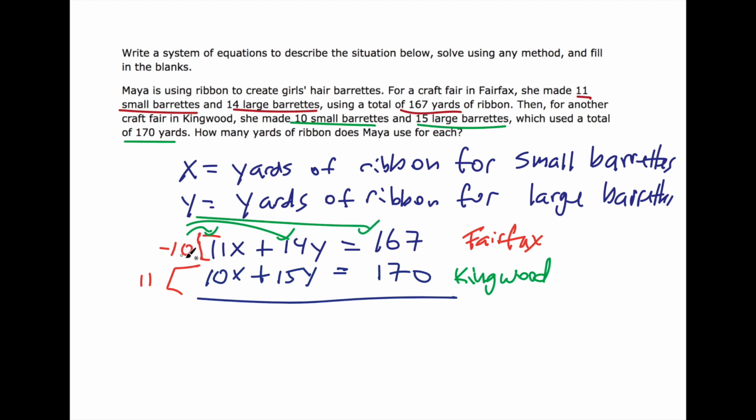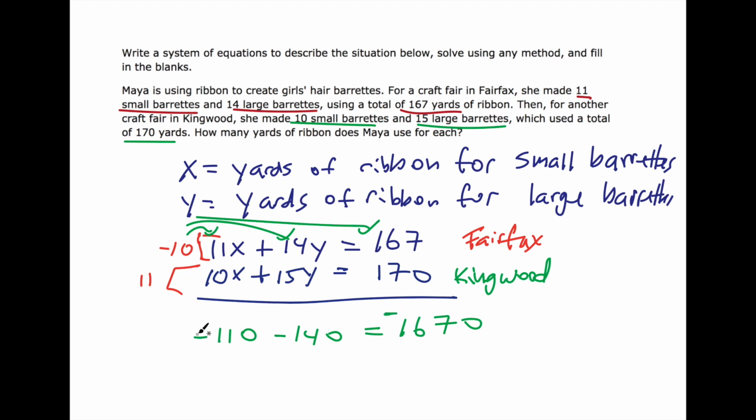All right, so negative 10 times 11 is negative 110. And negative 10 times 14 is negative 140. And negative 10 times 167 is negative 1670. And multiply 11, same idea. You've got to distribute that 11 to everything down below.